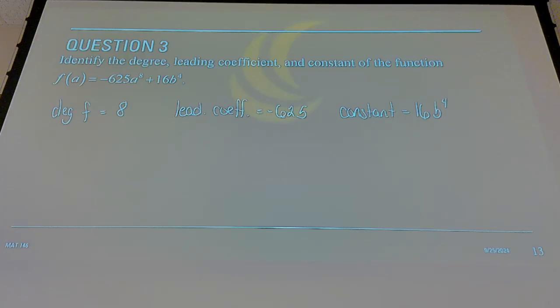What is it a function of? Function of a. A is your independent variable. That means b is a constant. Maybe unknown, but it's still constant. So that's why it's 16b to the 4th.